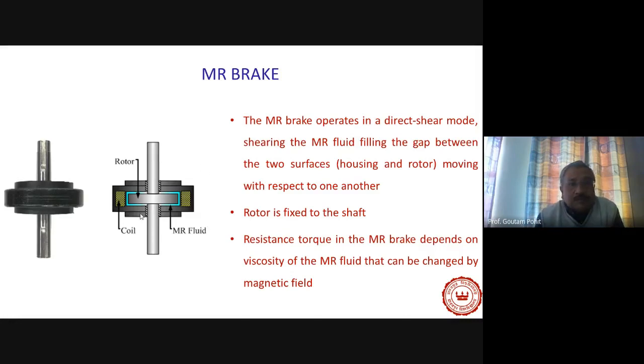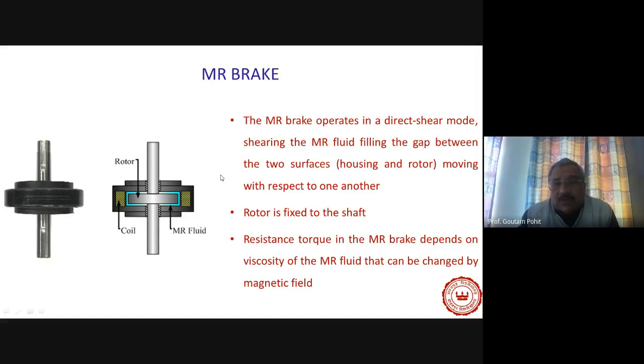So there is one example of an MR brake. This is the rotor, which is fixed to the shaft, and this is some coil attached, and this is the MR fluid. Now the MR brake operates in a direct shear mode, shearing the MR fluid filling the gap between the two surfaces moving with respect to one another.